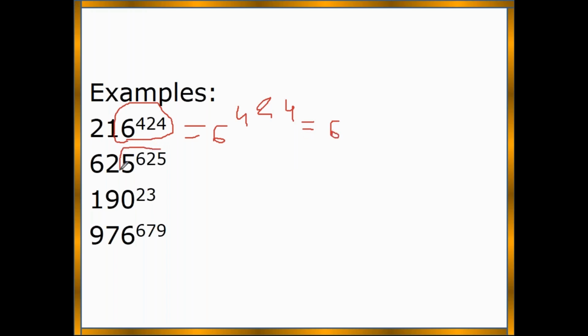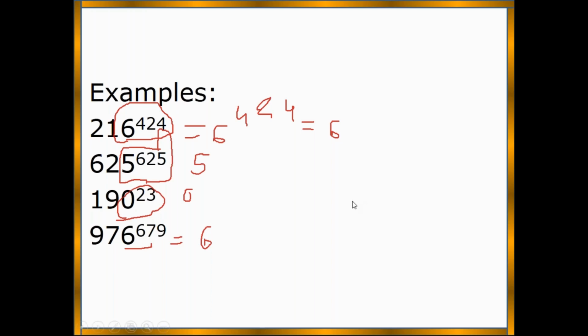Here also, 625 whole power 625 depends on 5 power 625, which ends with 5. 0 power 23: whatever the power of 0 is, the last digit should be 0. 6 power 679: whatever the power of 6 is, the last digit should be itself. Hope all of you understood the concept now.